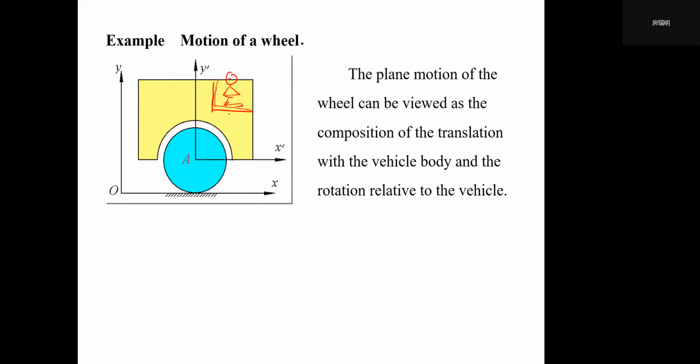If you look at the wheel of your car, let me give you a reference point, point B. Let's say this car has a uniform velocity along the positive direction of x, then you will find that point B has a circular trajectory.